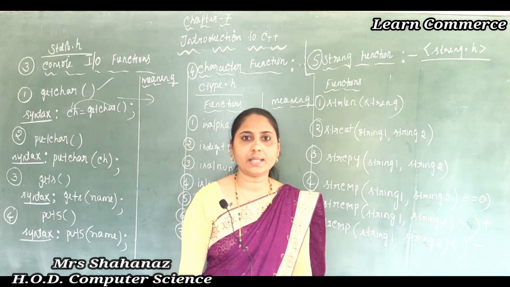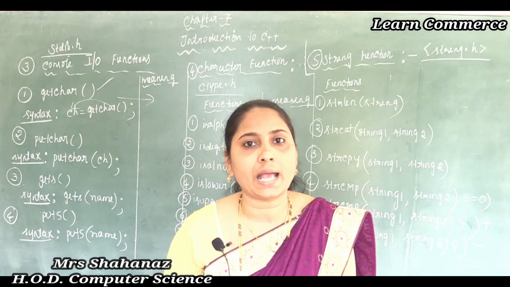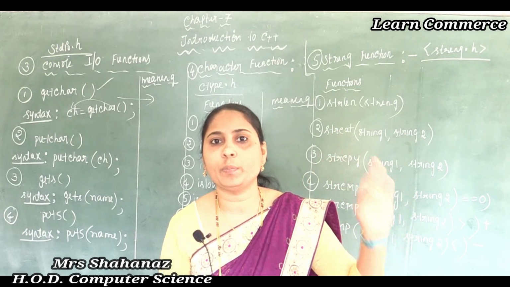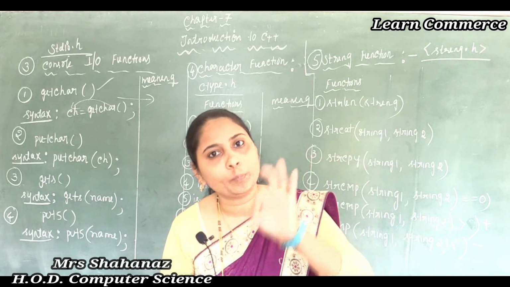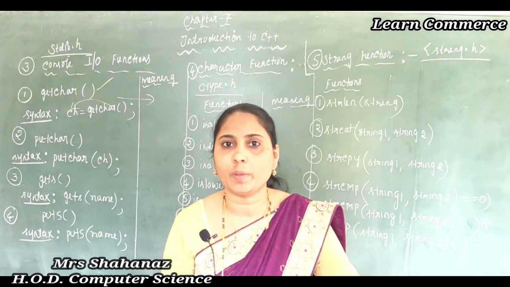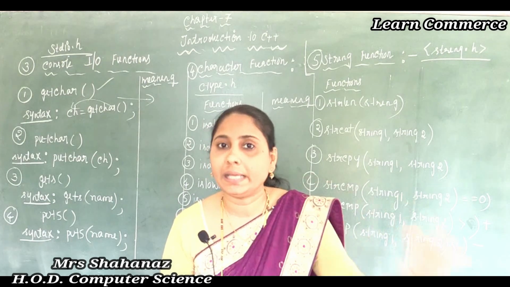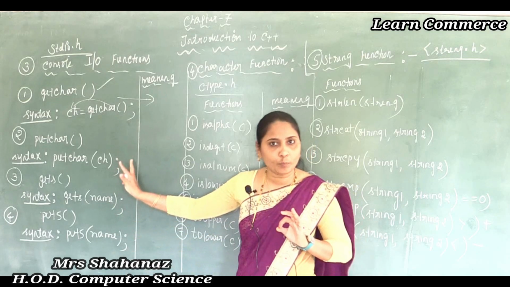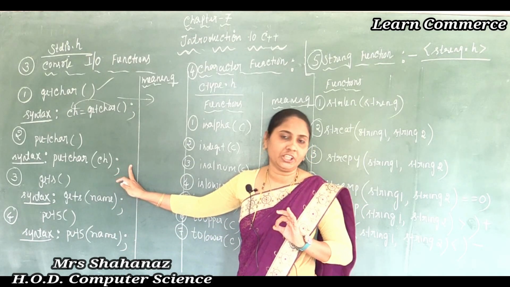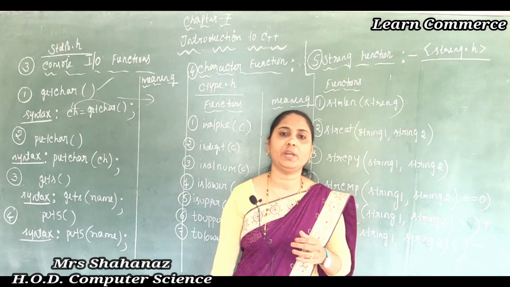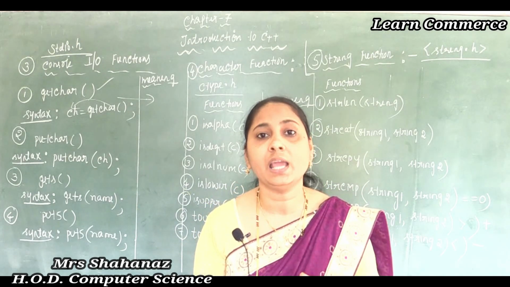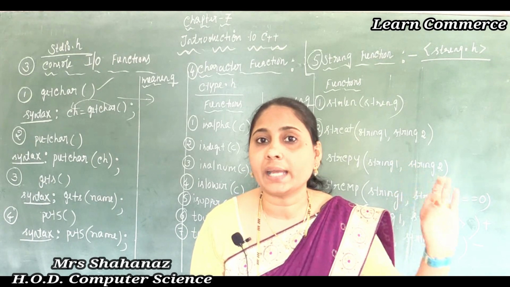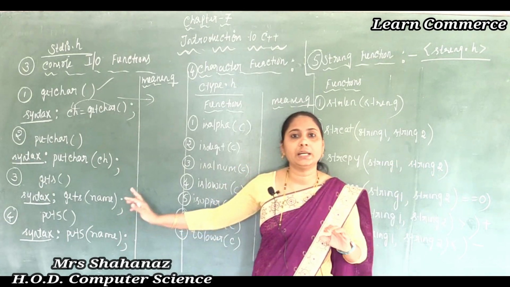It accepts a single character as input, maybe A, B, Z, C or D. It accepts the single character as input until the carriage return. What do you mean by carriage return? The carriage return means the enter key. Until the enter key or carriage return, both are the same, is pressed.